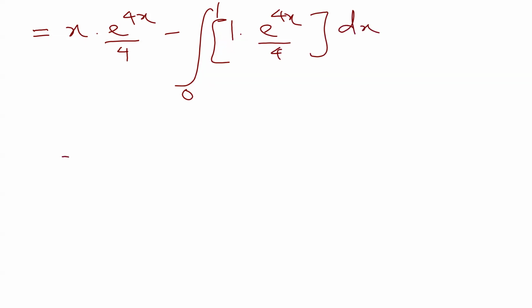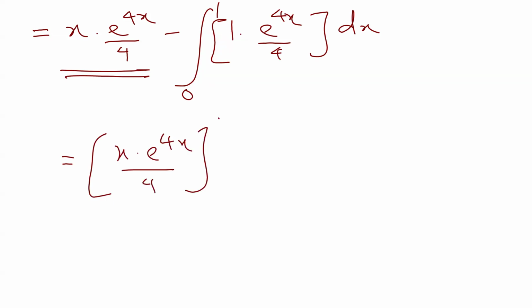Now there is no integration over here. Just put the box bracket and then upper limit and lower limit, minus 1 by 4 outside e raised to 4x dx.